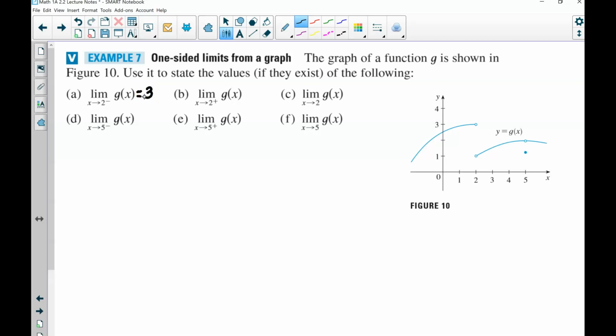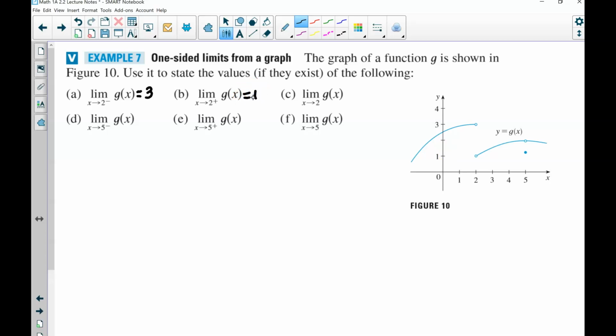Now, if we take a look at the second one, which is b, we want to figure out what is the limit as x approaches 2 from the right of that function? As we're approaching 2 from the right, the output here is what number? It's equal to 1.